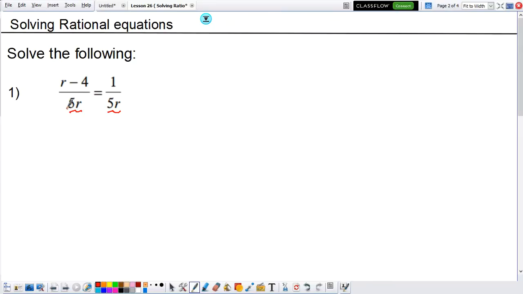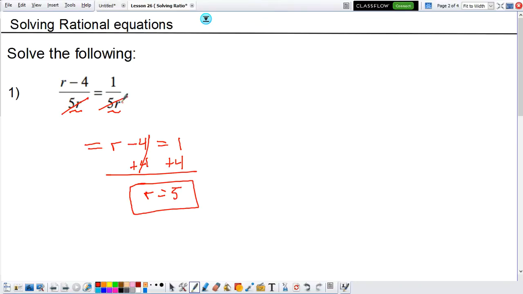It's because once they have the same denominator, they will cancel out. And now our problem becomes r minus 4, which is the top of the left, equals 1. So once the denominators are the same, they cancel out, and you just worry about the numerators. Now it's a one-step equation, so you have that r is equal to 5.